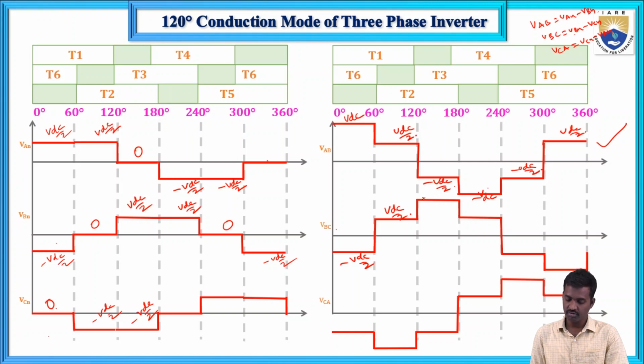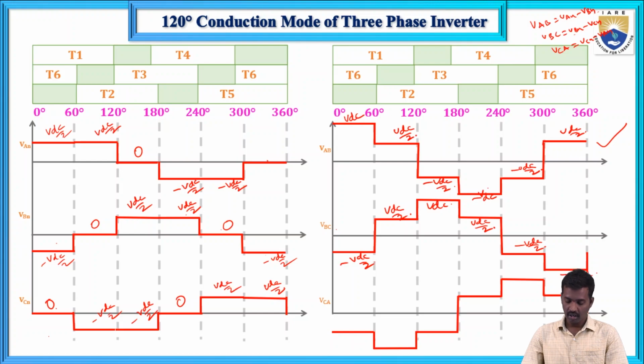So that is plus VDC only. Next, this is VDC by 2, this is 0, this is VDC by 2. This is 0 and this is VDC by 2, that is minus VDC by 2. And next here, this is minus VDC by 2 and this is VDC by 2, minus VDC.